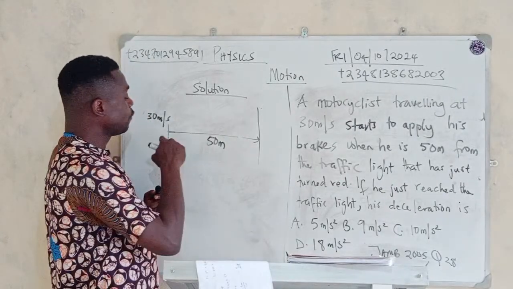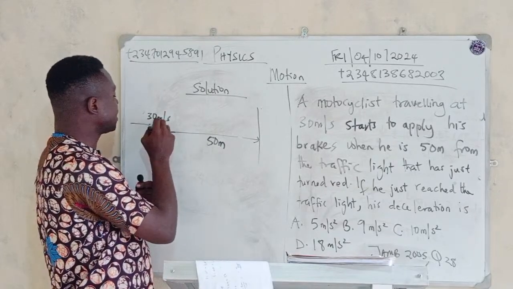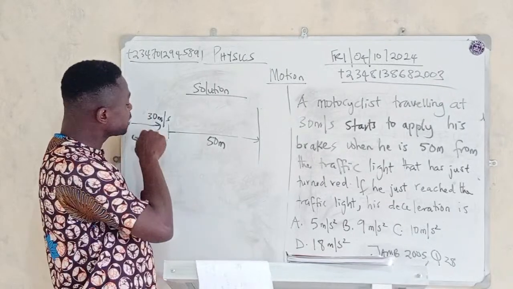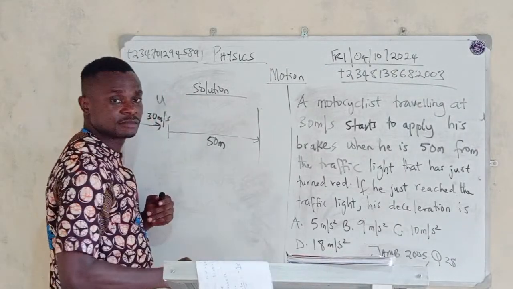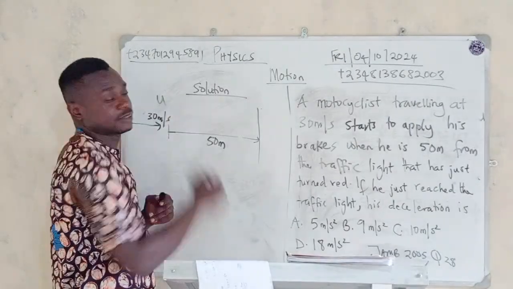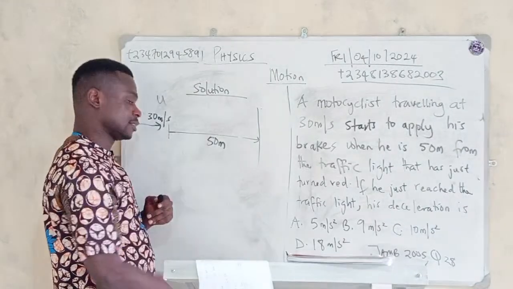So he was 50 meters from the junction, and he was coming with the speed of 30 meters per second. So this speed serves as his initial speed, because that is the speed he was traveling with.